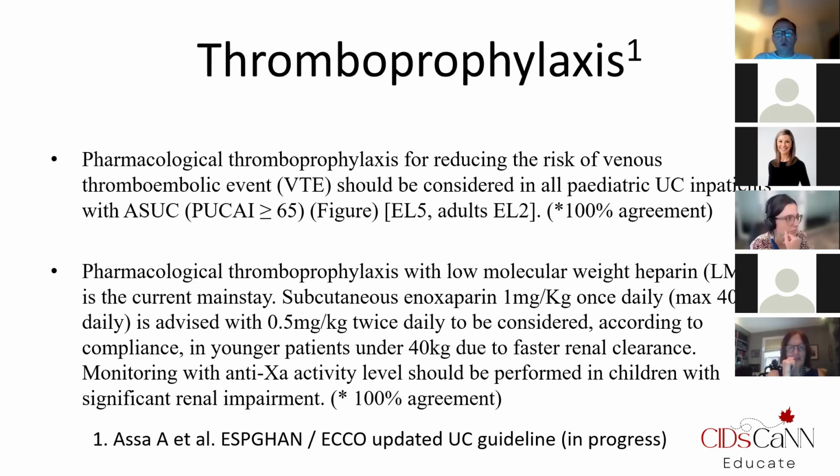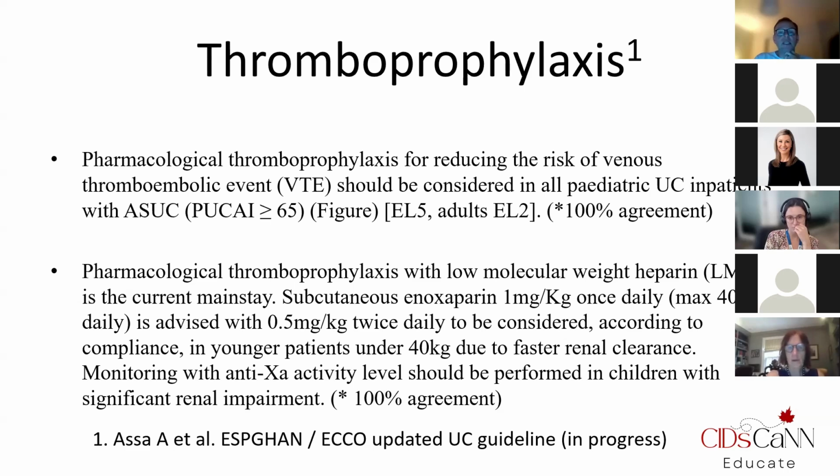So once daily for older children, but maybe for younger ones, splitting the dose into two. These are not yet in press. They have been voted on and agreed, as you can see. I don't anticipate that going through the further peer review process is likely to change those, but they're not set in stone yet. But I wanted to give you an idea of what's coming.